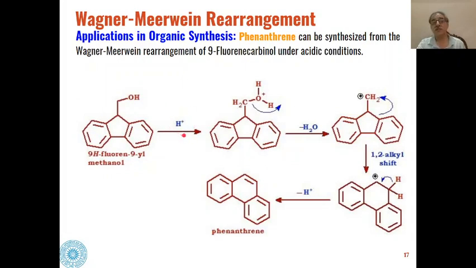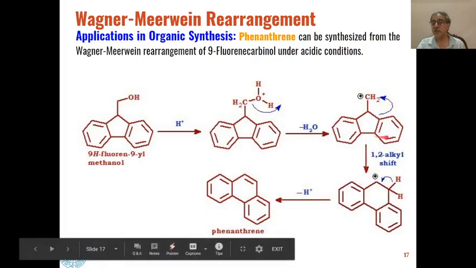So again the same mechanism: H positive will add to the alcohol, a molecule of water will be lost, and this type of CH2 positive carbocation will be formed, and by breaking this bond, ring expansion will take place, and the 5-membered ring will be converted into a 6-membered ring through 1,2 alkyl shift.